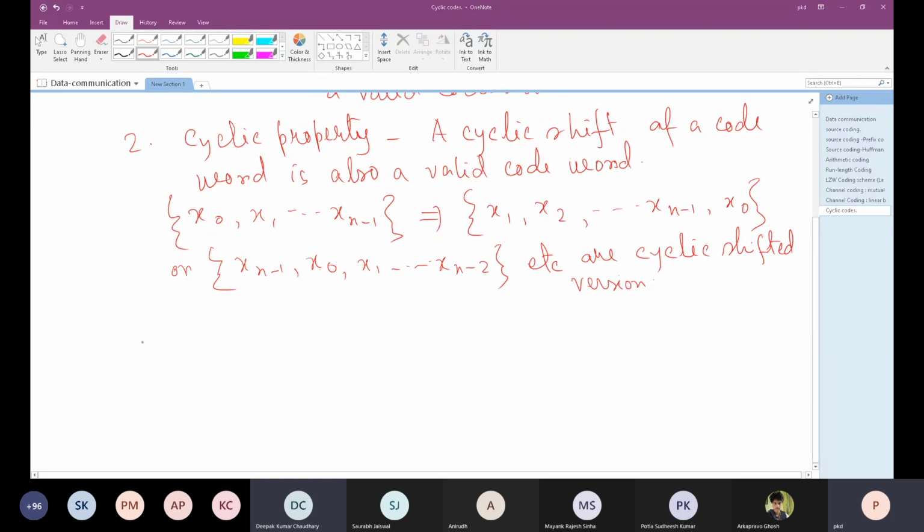The code word is represented in cyclic code in polynomial form.